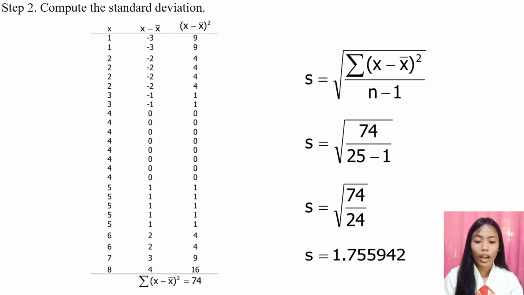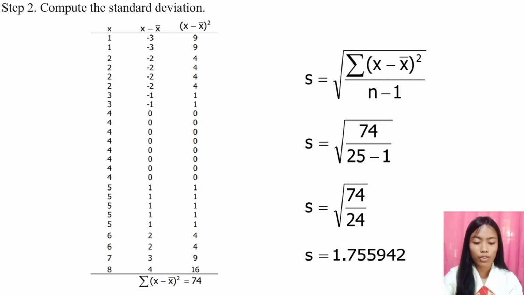And now that we have our summation of x minus mean squared, we are able to compute the standard deviation. Standard deviation is equal to the square root of the summation of x minus mean squared divided by n minus 1. Never forget that 74 is our summation of x minus mean squared. n is equal to 25.